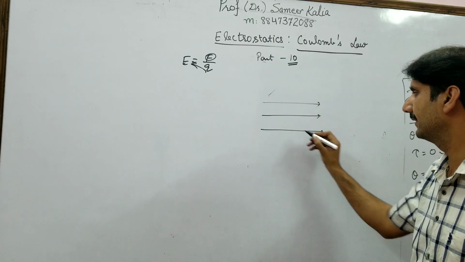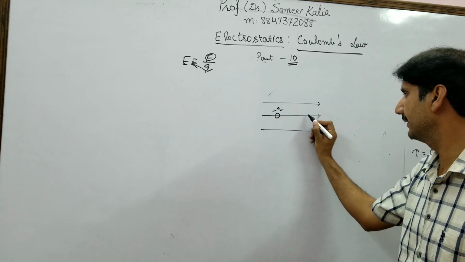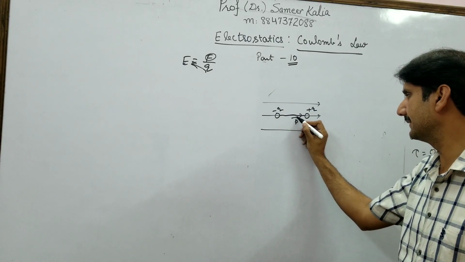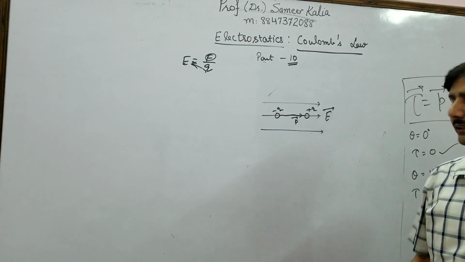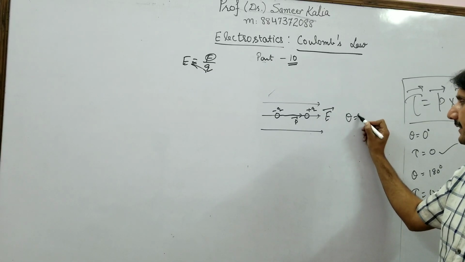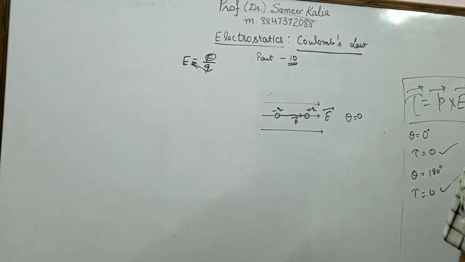Consider this case. Minus q over here, plus q over here. Dipole moment p is in this direction. Electric field E is also in the same direction. The angle is 0 between p and E.